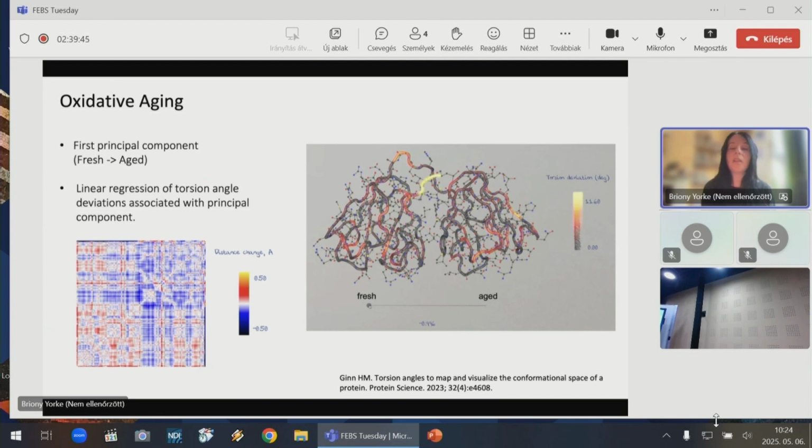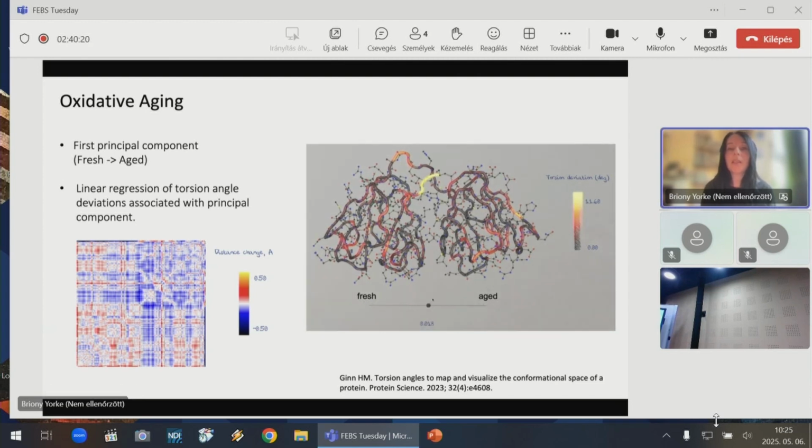We then took a linear regression of the torsion angle deviations associated with the principal component, and what we saw was an expansion of the N-terminal domain and a contraction of the C-terminal domain in our protein. Using that torsion angle description of our protein, we were able to calculate structural paths that show realistically how the protein modulates between the adduct-free and the adduct-bound structure.